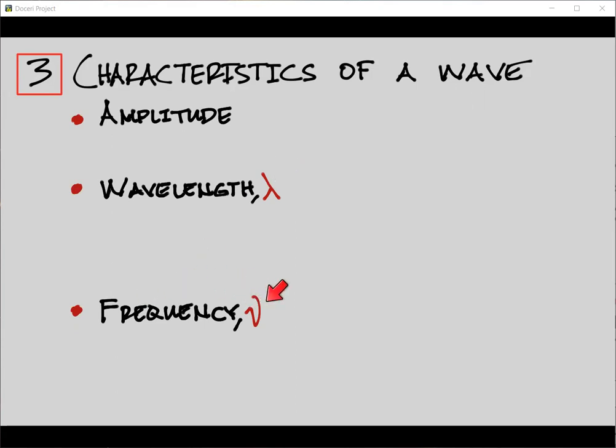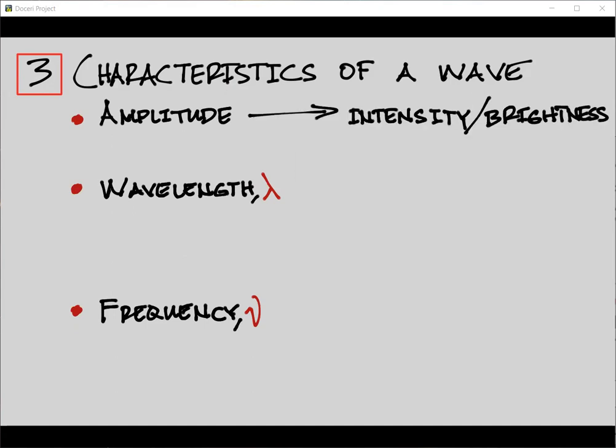Frequency has the Greek symbol nu. And amplitude basically tells you how intense the light is, and also the brightness of that light. So the higher the amplitude, the higher the intensity. That's all you need to know regarding amplitude.